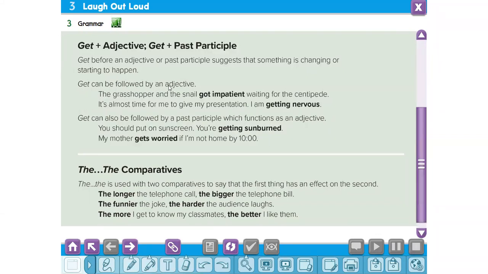Get can be followed by an adjective, and it also can be followed by a past participle. First point, get can be followed by an adjective, like: the grasshopper and the snail got impatient, started to feel impatient, waiting for the centipede.